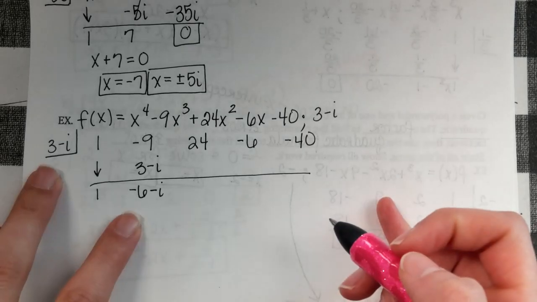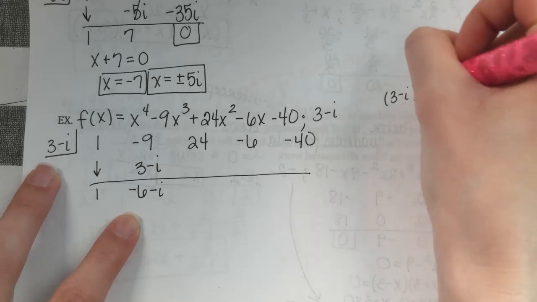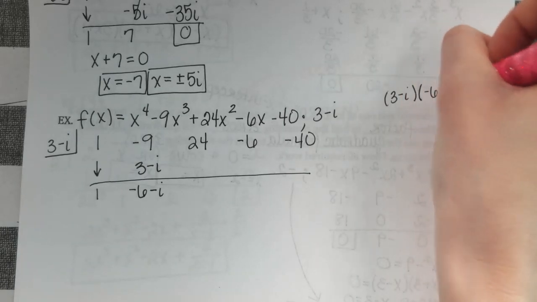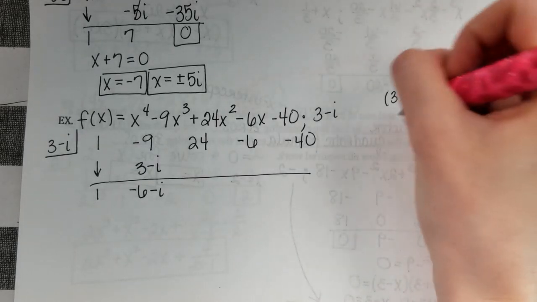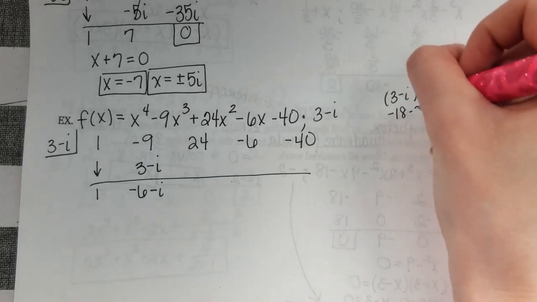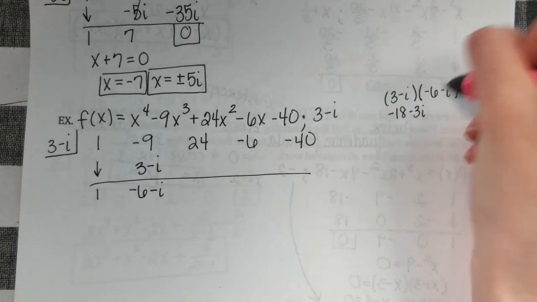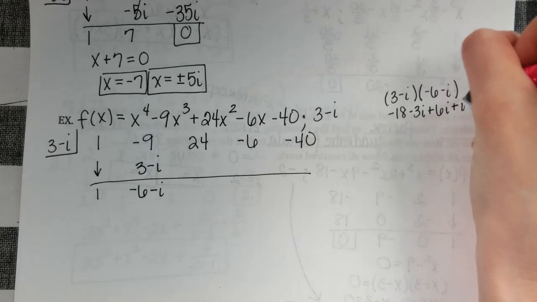Now, when I multiply, I have to do 3 minus i times negative 6 minus i over to the side because I have to FOIL that. Okay, so I have 3 times negative 6, which is negative 18. 3 times negative i is negative 3i. Negative i times negative 6 is a positive 6i plus i squared.